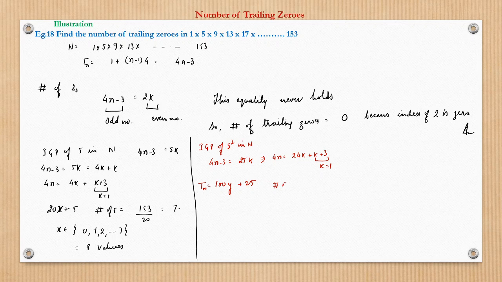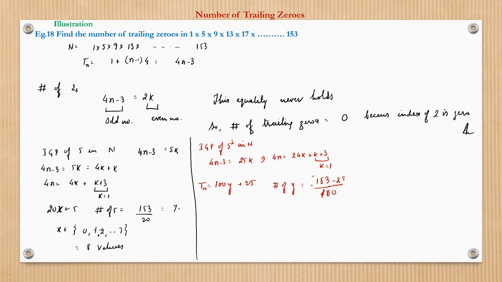So number of y is equal to 153 minus 25 by 100.